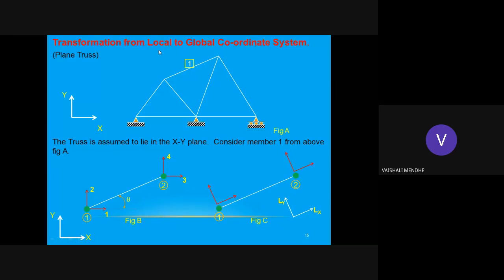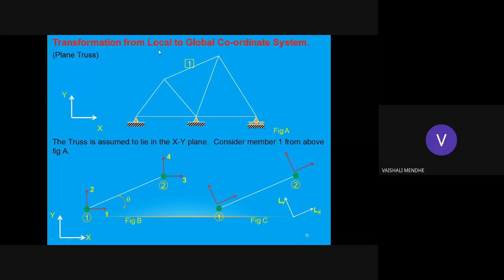So here we will derive the transformation matrix. What is the meaning of the transformation matrix? The transformation matrix transfers the global coordinates to the local or local to global. Whenever we are analyzing a truss or any structure, for every member there is a local coordinate system, and the global coordinate system is the same for the whole structure.